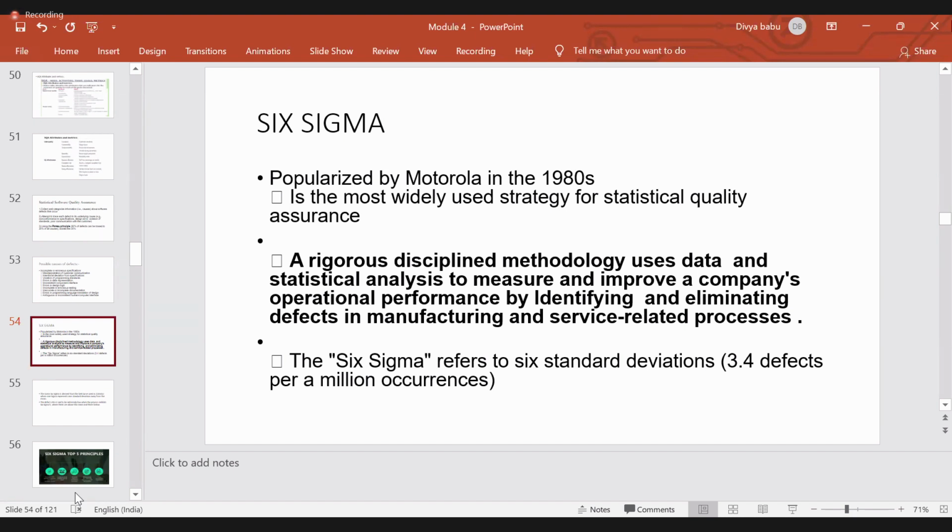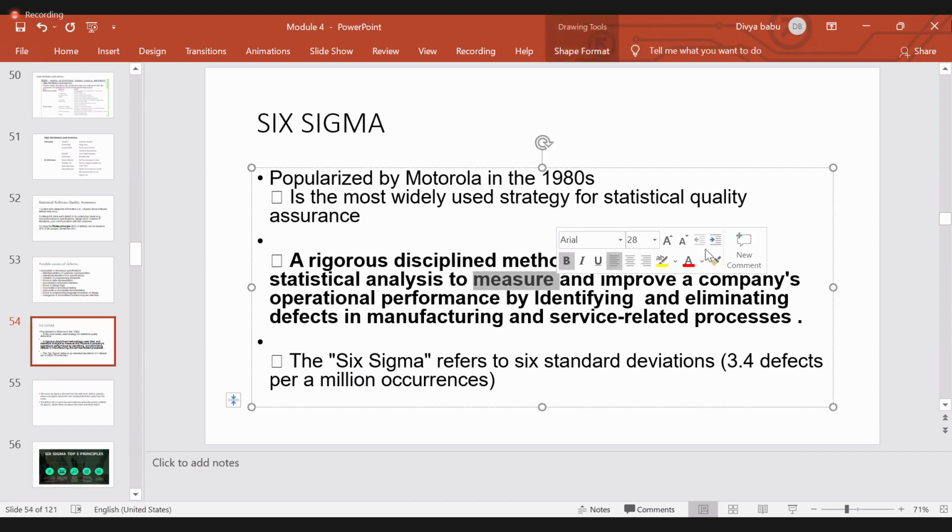Six Sigma is a disciplined, rigorous methodology which uses data and statistical analysis to measure and improve company operational performance. So in measurement and improvement, analysis is in between, but the goal is to measure and improve a company's operational performance by identifying and eliminating defects in manufacturing and service-related processes.